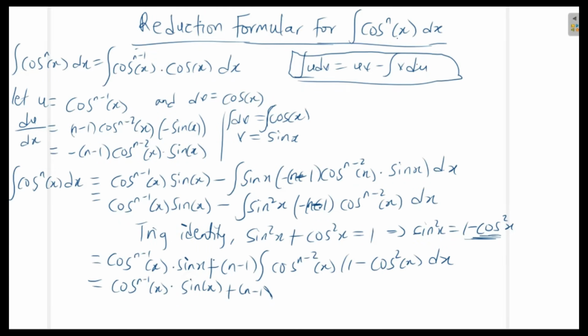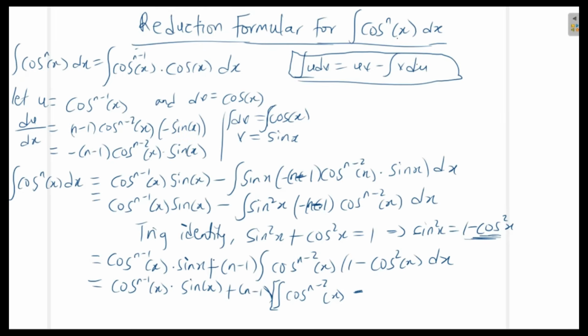Now, look at this integral. I'm going to expand it. The integral of cos to the power n minus 2 of x multiplying 1 will be, let me put this in a square bracket, the integral of cos n minus 2 of x, then minus the same integral of cos n minus 2 multiplying cos squared x.